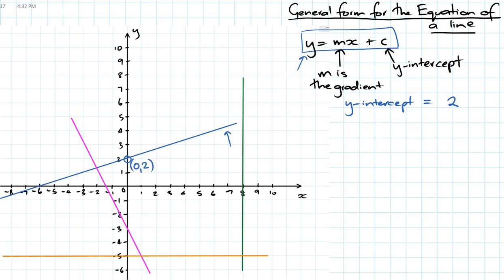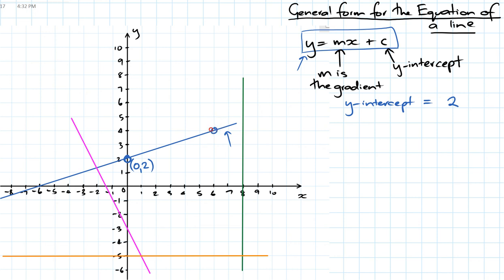Remember, in a coordinate, the first value in the brackets is how far we go across, either to the left or to the right. In this case, at that point, we're not going across at all, so we say that our x value is 0. Our y value is 2, which means we go up 2 units on the y-axis.